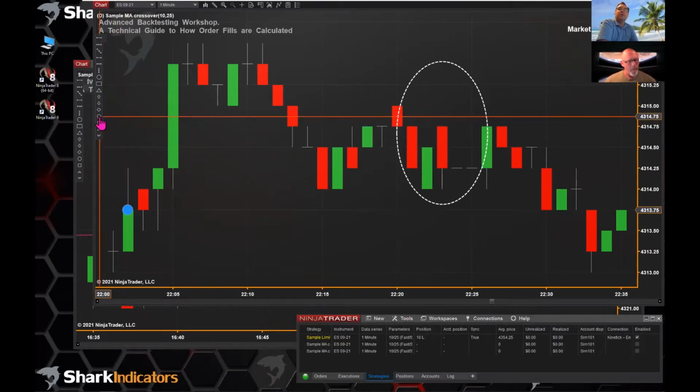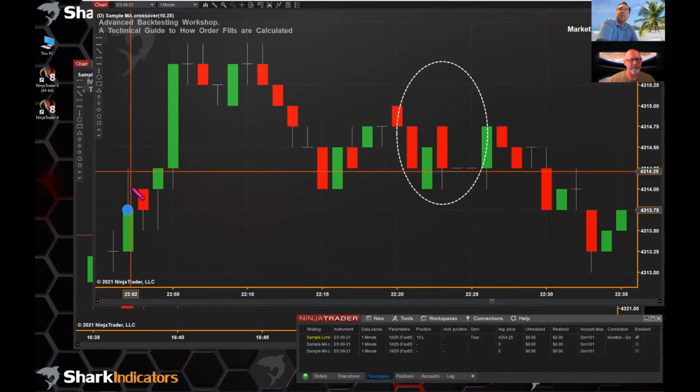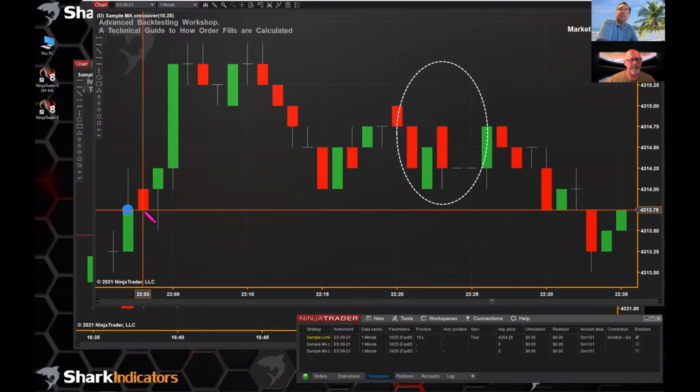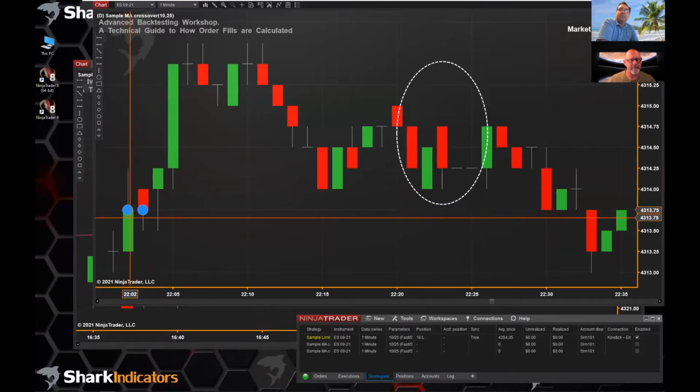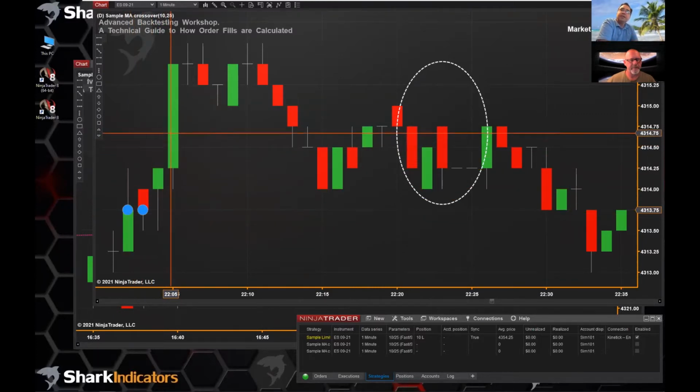So if you're running an order flow indicator, a good example would be the order flow indicator, the internal tick data that built this 1 minute bar is for the most part missing. There are ways around that.